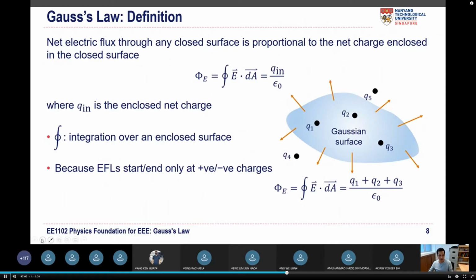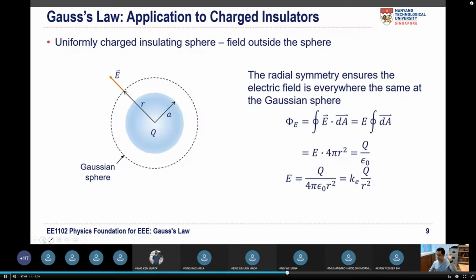But now we have to be clever and come up with a surface that is going to give us a nice symmetry and also something that is easy for us to calculate. So I don't want you to put some potato-shaped enclosed surface outside of this sphere, because that's going to give us a very difficult time calculating the electric fields. Come up with something that is very simple to calculate, like a sphere.